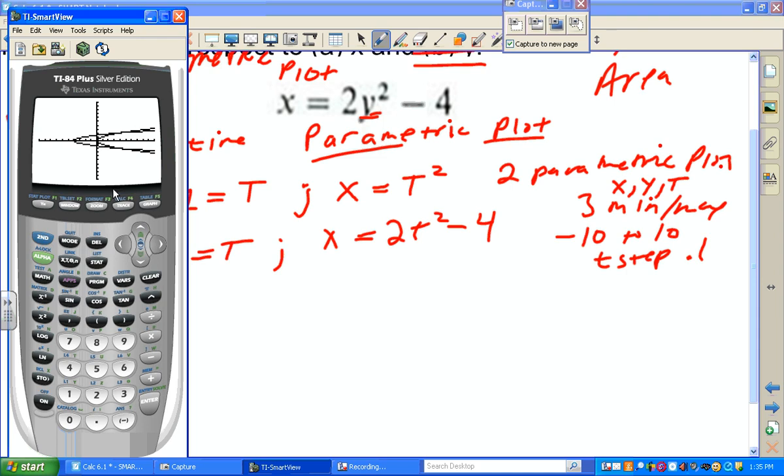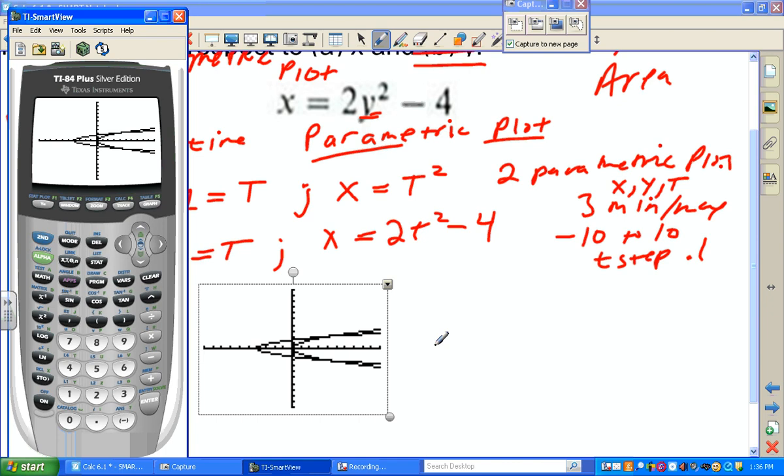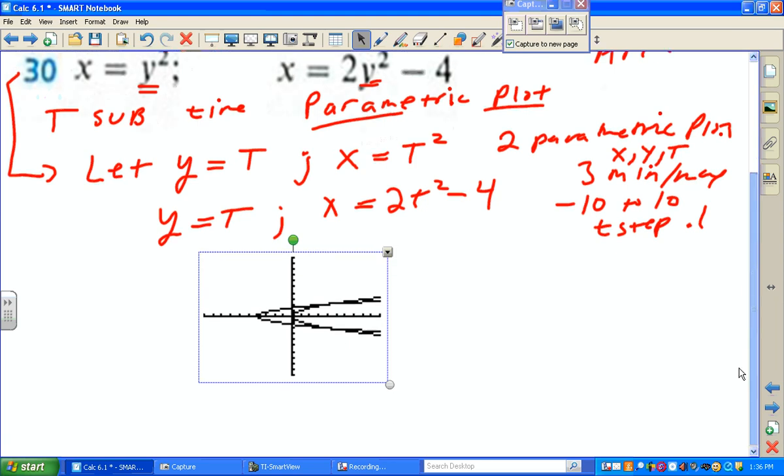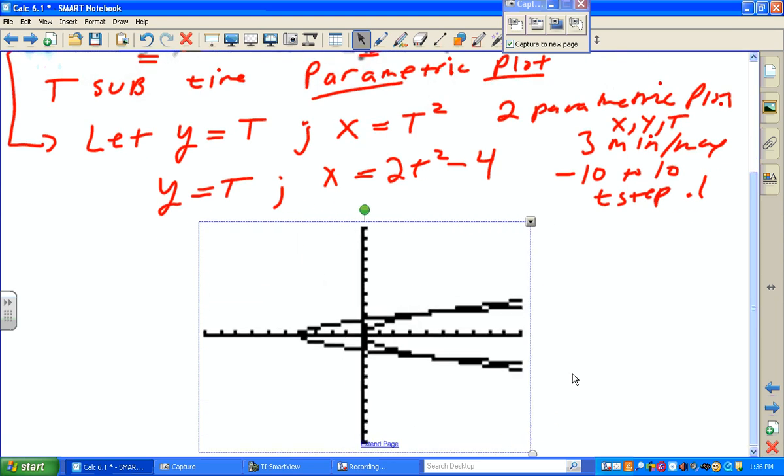There we go. Now, the question is, which one do you think is which? Which parabola do you think is the one on the left? Which one is on the right? Which one's which? The one on the left is the -4. I agree.